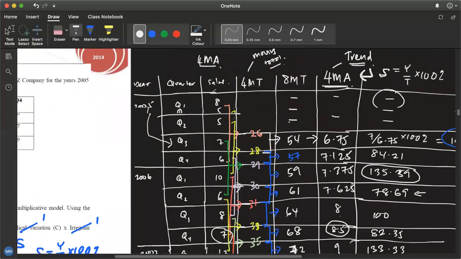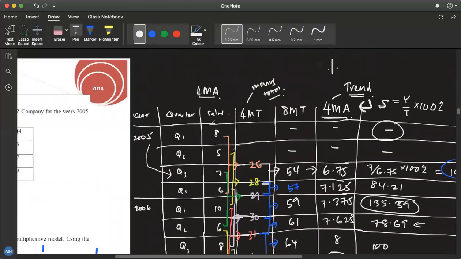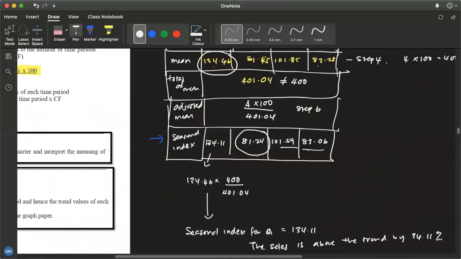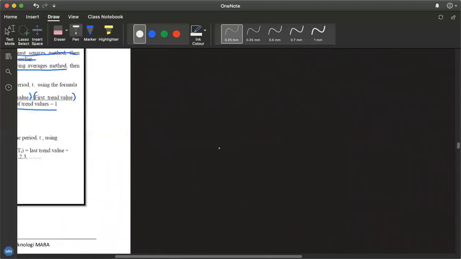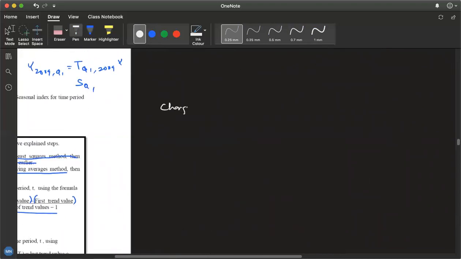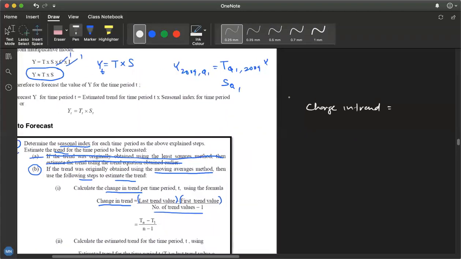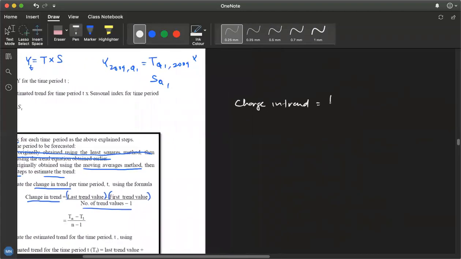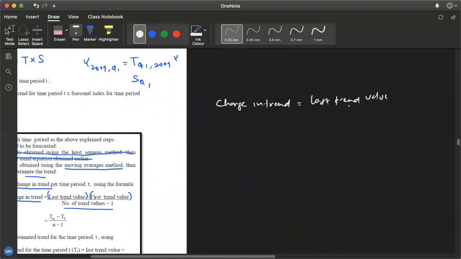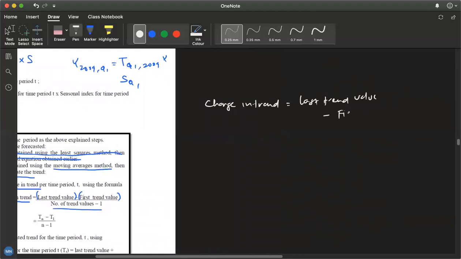Now, this is the column for trend from the moving average. First step, we need to calculate the change in trend: last trend value minus first trend value, divided by the number of trend values minus 1.